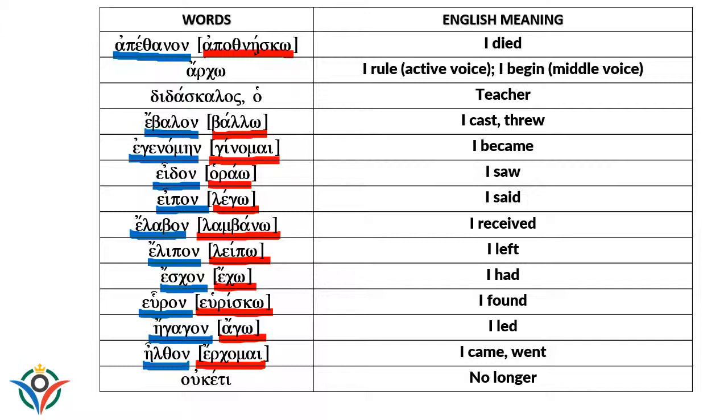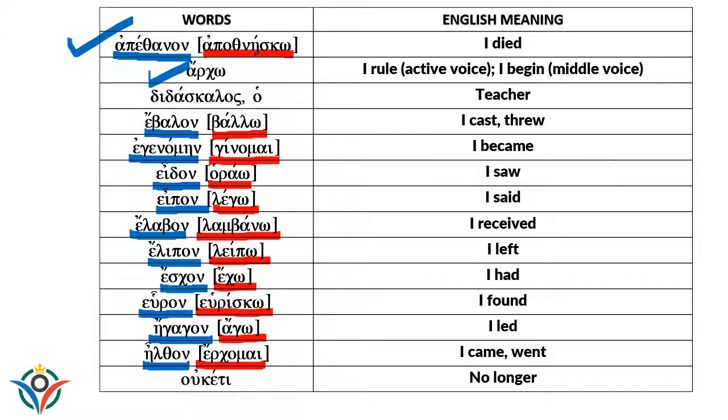All right, so let's begin with the first one. We have apathanon, which comes from apathanasko, and that means I died. Then we have a verb, arko, which can have two meanings. It means I rule if it's with the active voice, and then it can also mean I begin if it's with the middle voice, and the middle voice is arkamai, which I haven't put there, so that's why I'm saying it for you.